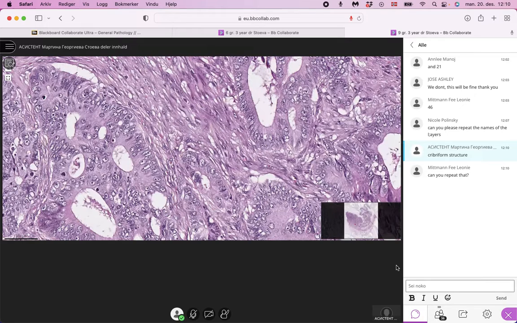Also, within the stroma, there is infiltration by lymphocytes and plasma cells. You know that this is the stromal reaction. We discussed it in the morning. The stromal reaction of the malignant tumors.